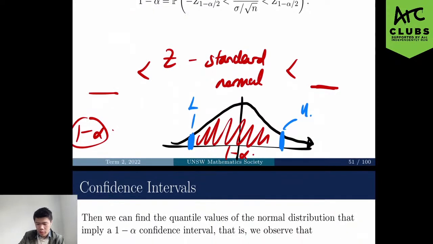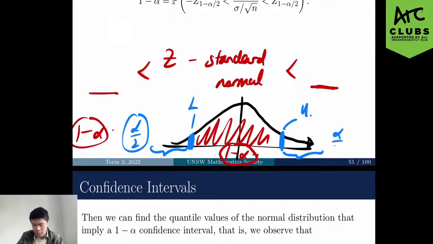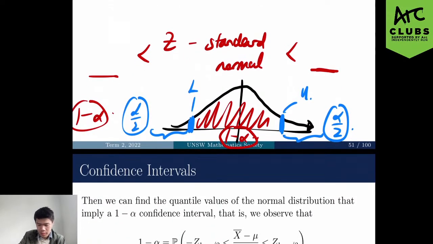So in the middle we've got 1 minus alpha. Well, what do we need on the bottom? The remaining probability is alpha, so we need alpha on 2. On the top, we've also got to have alpha on 2. To get these bounds, they're going to be equal to the quantiles. So this one is going to be the alpha on 2 quantile.